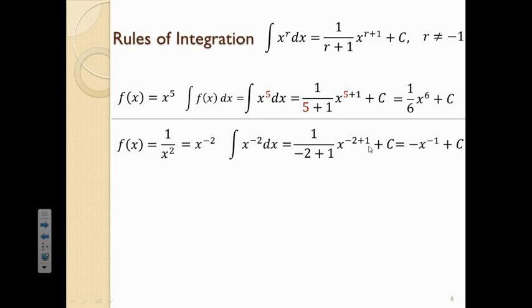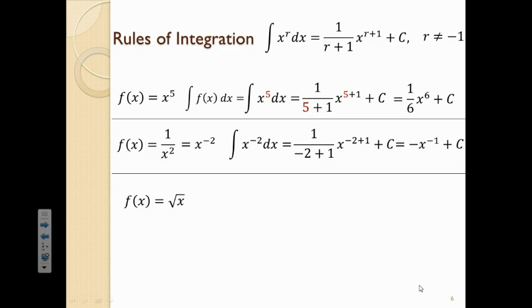So that's going to be 1 over minus 1, which is minus 1, which we don't have to write the 1, of course, but we need the negative, x times x to the minus 2 plus 1 is minus 1. So we get that. Not too hard. It's just maybe a half a step harder because of the negative, to remember to apply the negative.